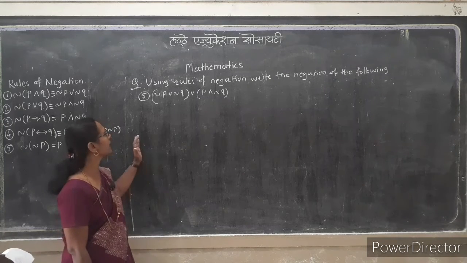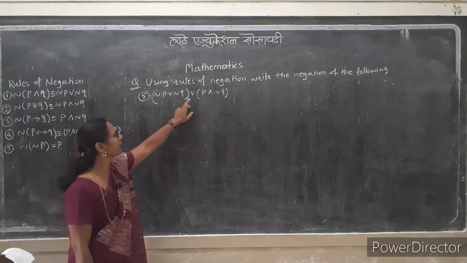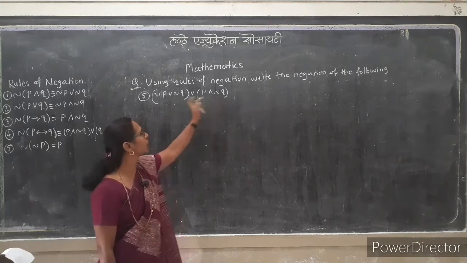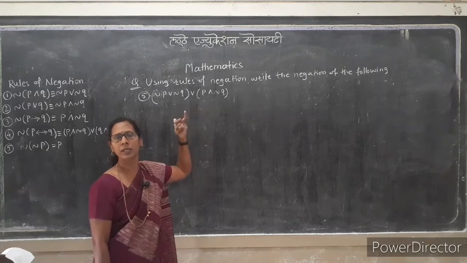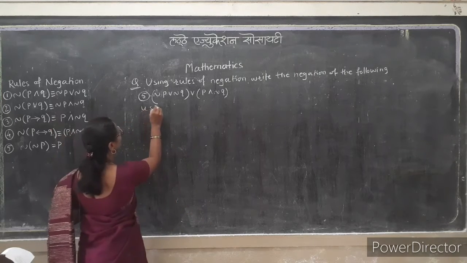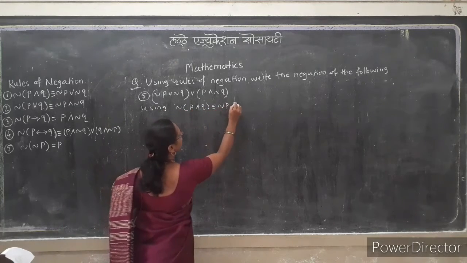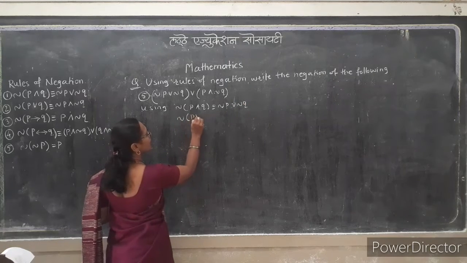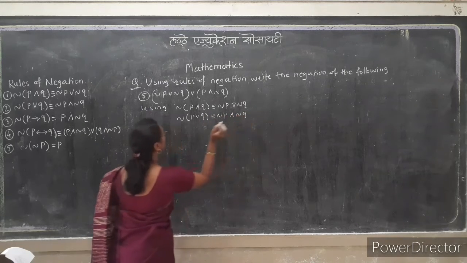Now we see the next example: (¬P ∨ ¬Q) in the first bracket, disjunction, and in the second bracket, P ∧ ¬Q. In this example, we use two results, the negation of conjunction and the negation of disjunction. Therefore, using the results, ¬(P ∧ Q) is logically equivalent to ¬P ∨ ¬Q, and second, ¬(P ∨ Q) is logically equivalent to ¬P ∧ ¬Q.